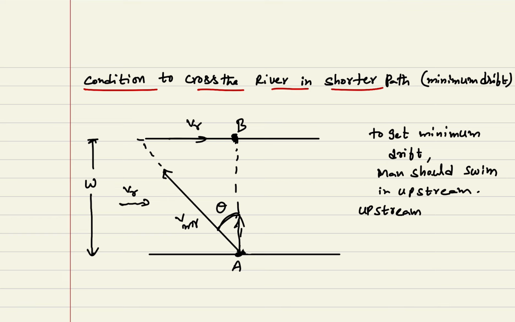What is the meaning of upstream? Upstream means the swimmer is moving opposite to the river flow.